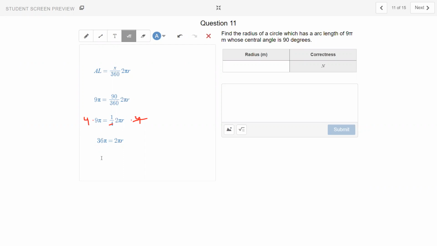So now I'm going to divide both sides by 2 pi. The pi's cancel. And then 36 divided by 2 is 18. So I'm left with 18 equals r.